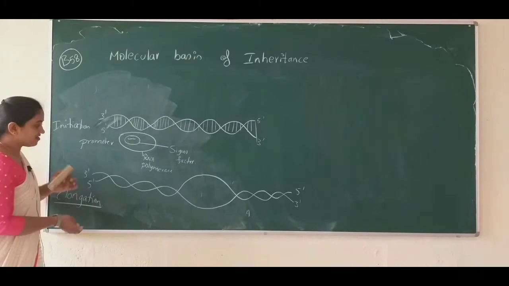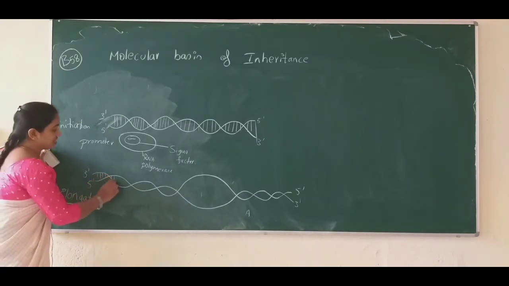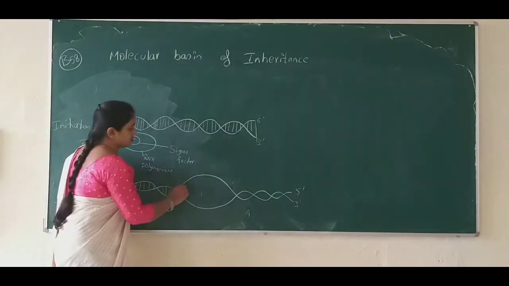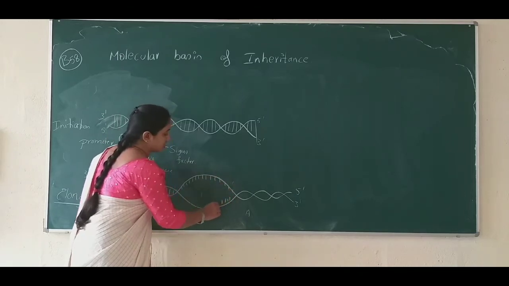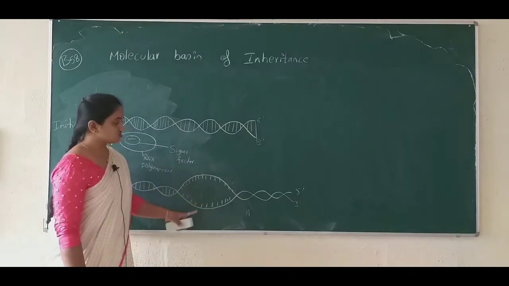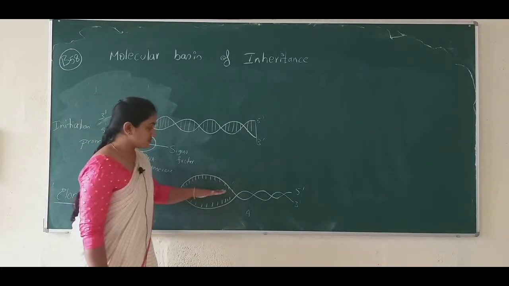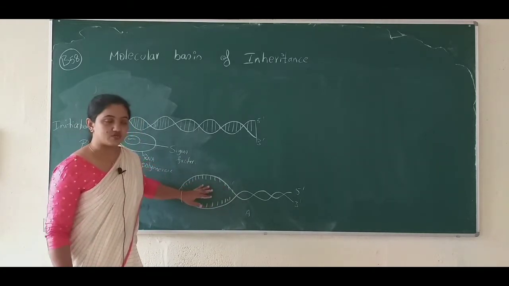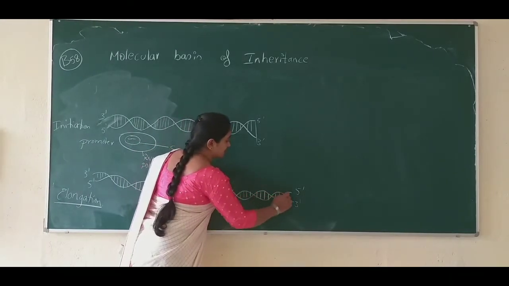So we have to show a few more labels in this diagram. The DNA nitrogen bases here don't show the hydrogen bonds between these two strands because they have broken or opened, which means there are no hydrogen bonds between the DNA strands.